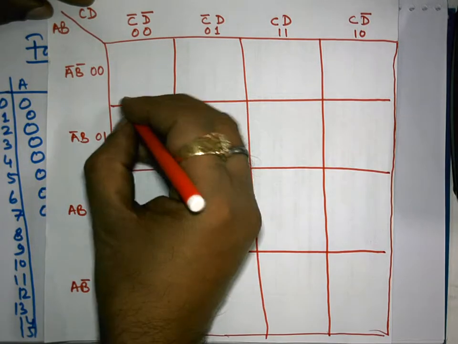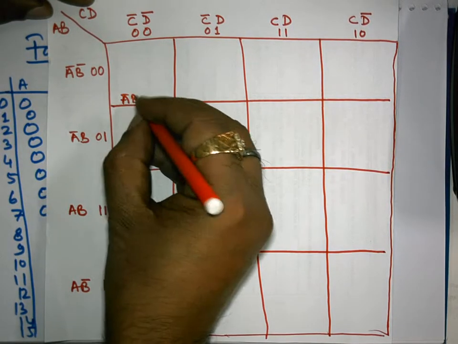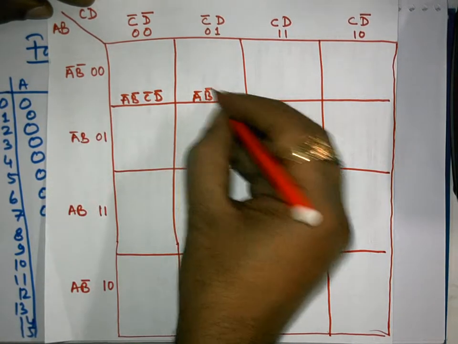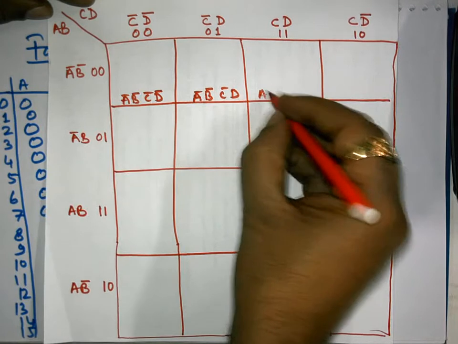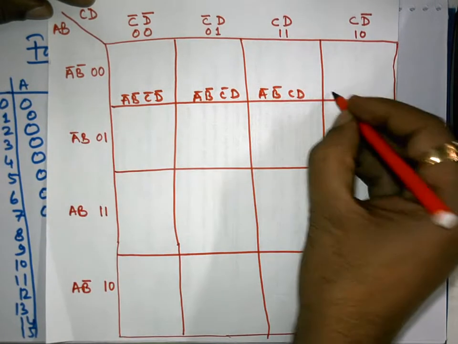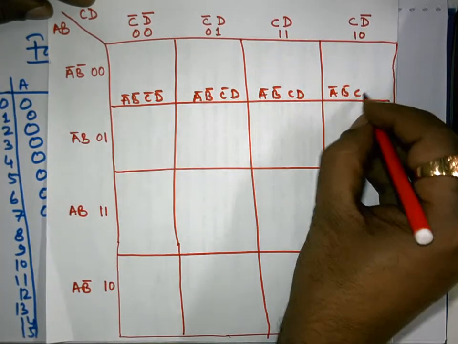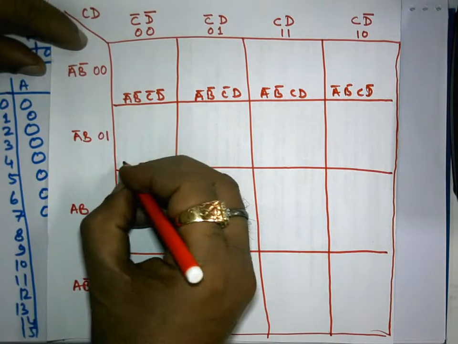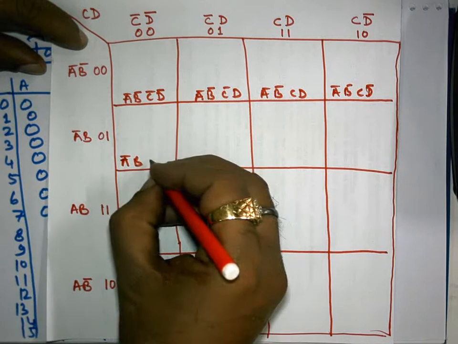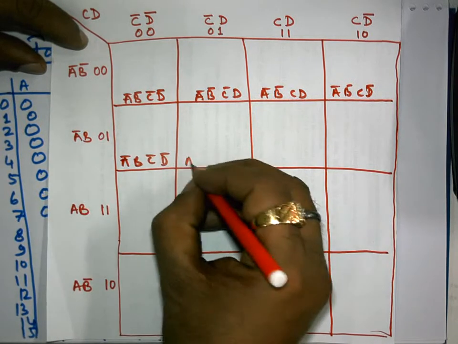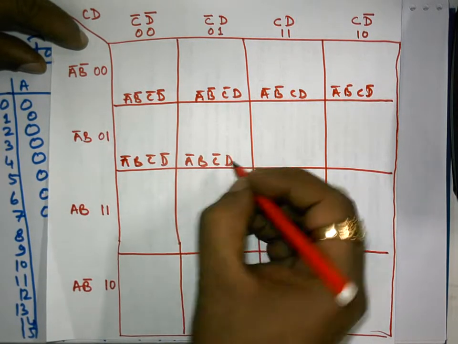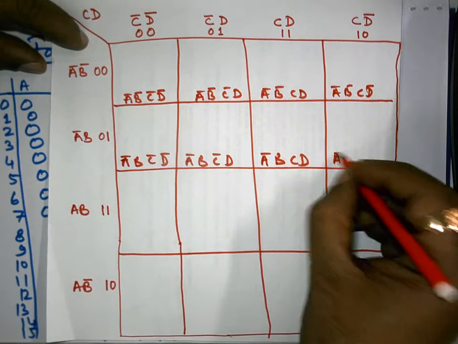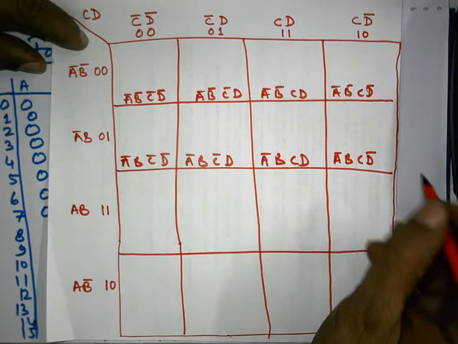And similarly, if we roam from one column to other column, we encounter only a single variable change. Okay, so if we observe this way, it will be A bar B bar C bar D bar, A bar B bar C bar D, A bar B bar C D, and A bar B bar C D bar. Here A bar B C bar D bar, A bar B C bar D, A bar B C D, A bar B C D bar.